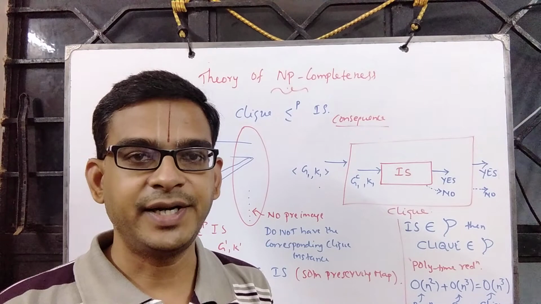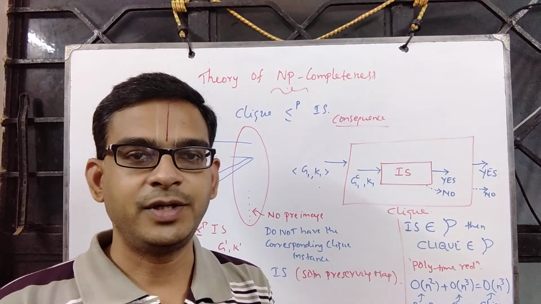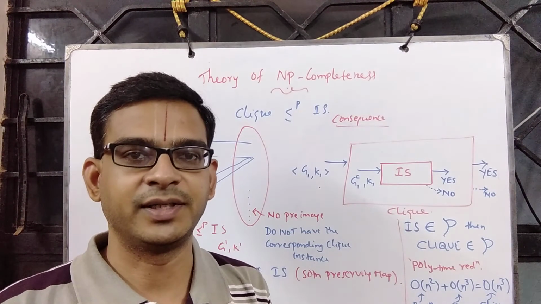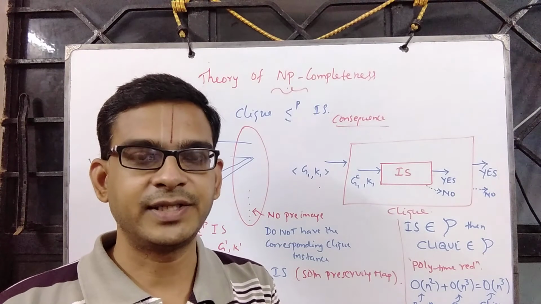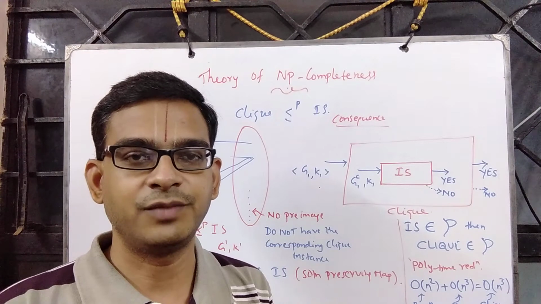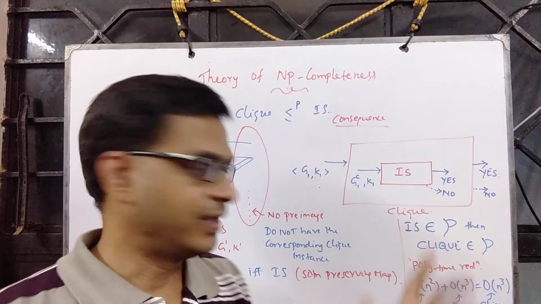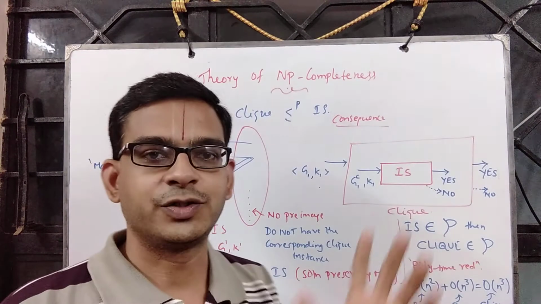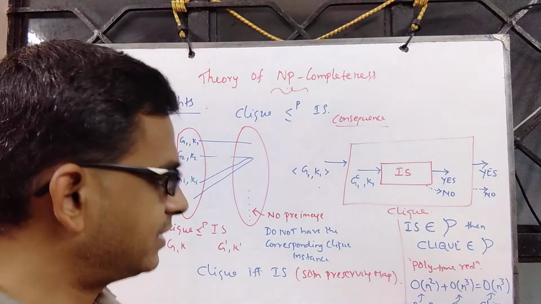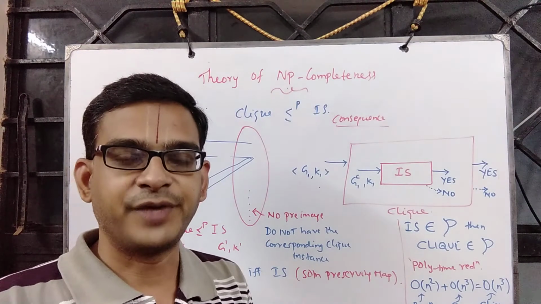And as of this date, independent set does not have an efficient solution. What is available today, or the current best, is a deterministic exponential time algorithm. And say 15 years later or 100 years later, if a researcher comes up with a solution for independent set which runs in deterministic polynomial time, then this framework tells you clique also has a deterministic polynomial time solution. So this theory is trying to relate these problems and bring a framework.